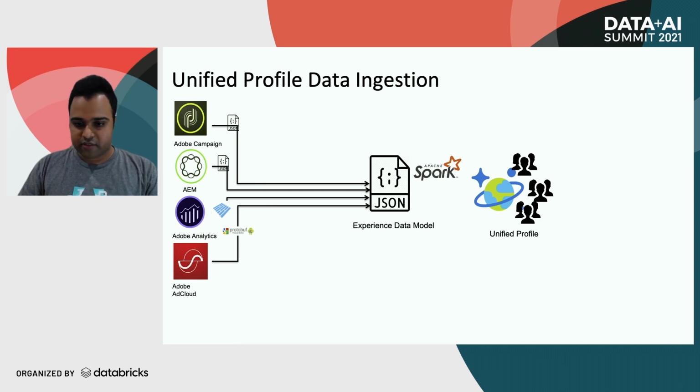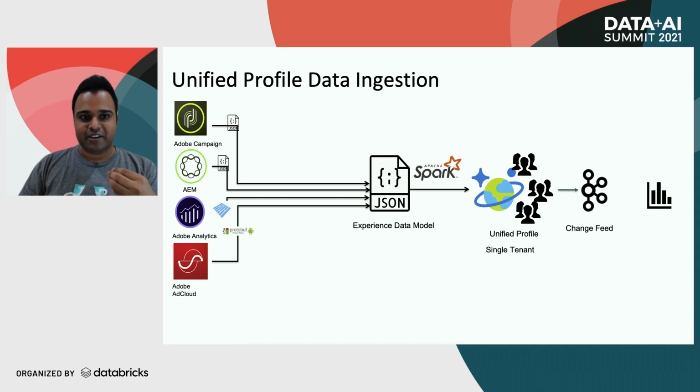And the data from the unified profile store feeds into a fire hose of changes called the change feed, which again, you can use for streaming, statistic generation, and so on. The biggest value add of unified profile is that you can make extremely complex queries.